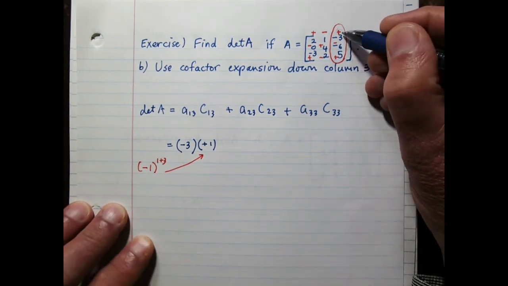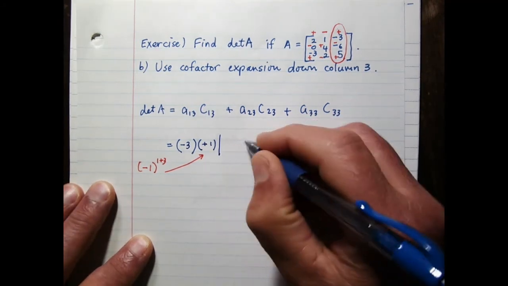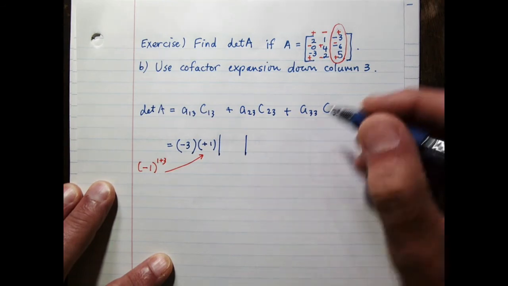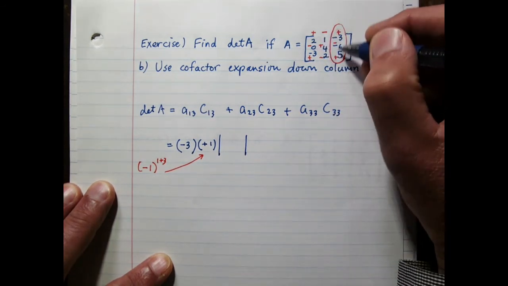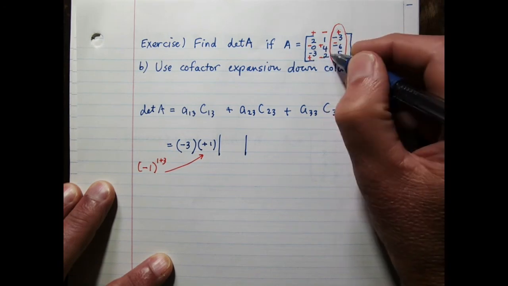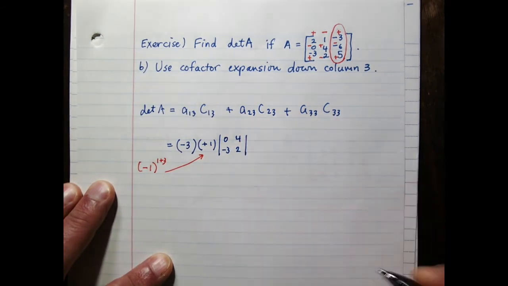Just know it's going to turn out to be a plus. And then I'm going to just go right ahead and write in the determinant of the submatrix I get by removing the row and column of that negative 3. So I'll have 0, 4, negative 3, 2.